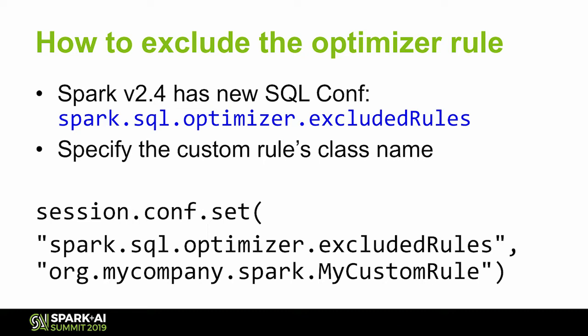What this configuration parameter takes is comma-delimited class names of the rules that you want to exclude. So if you want to exclude a rule and add your rule, you can use this. Or if you want to exclude your rule, you can use this as well.